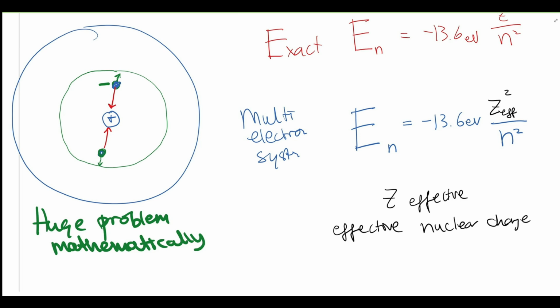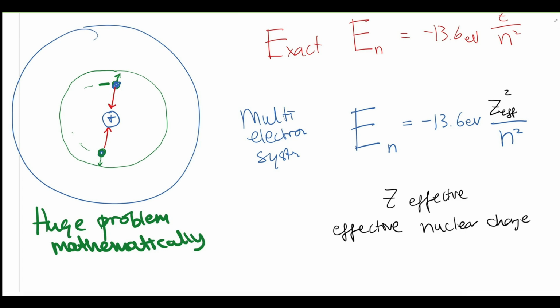They're just shifted. And in fact, the more electrons that we have in the atom, the shift becomes greater and greater. There's some electron repulsion between one and the other, and it's going to make the electron slightly further away than we would like it to be.